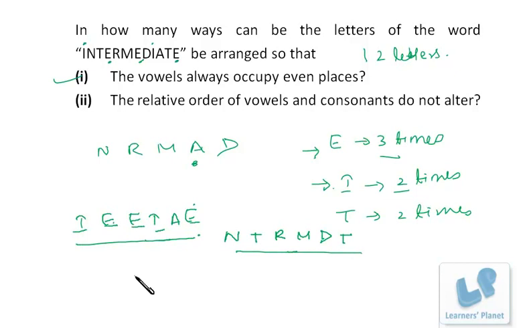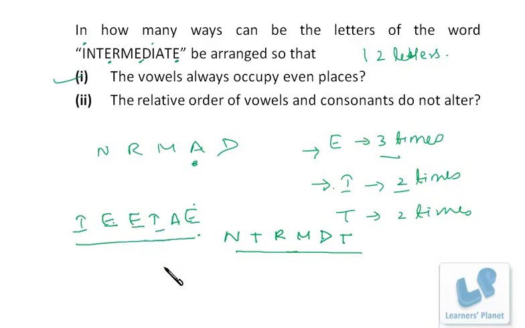Now the important point over here: we have to make the arrangement, but the order of vowels and consonants should not change. That means the vowels should appear in this manner only. Maybe the consonants are there in between, but the relative order should not be changed. That means E should always come after I, and this I should always come after E, and then A, and the consonants can come in between.